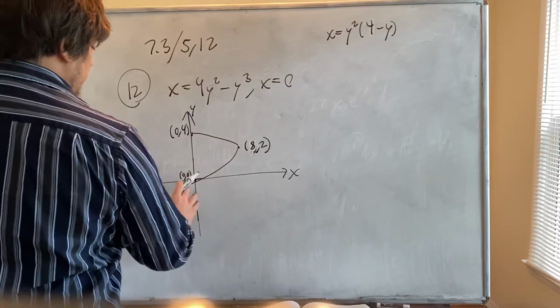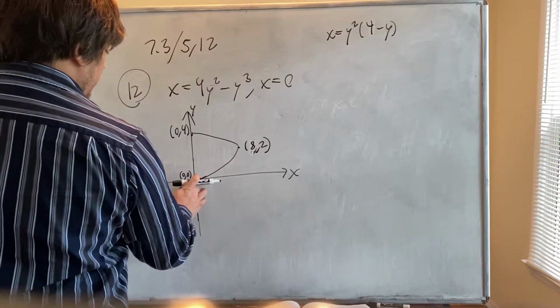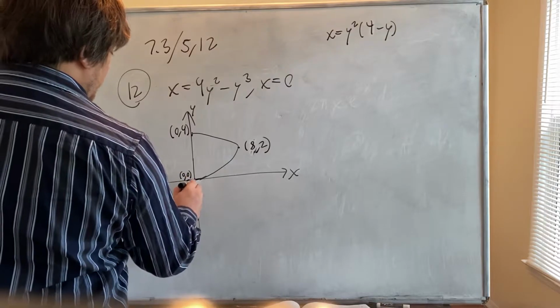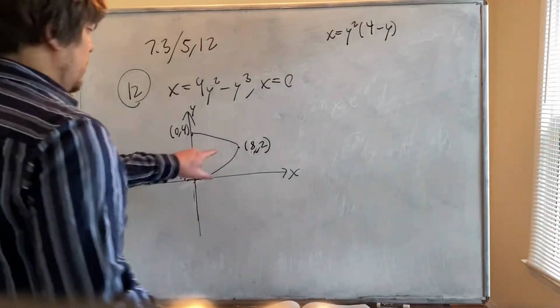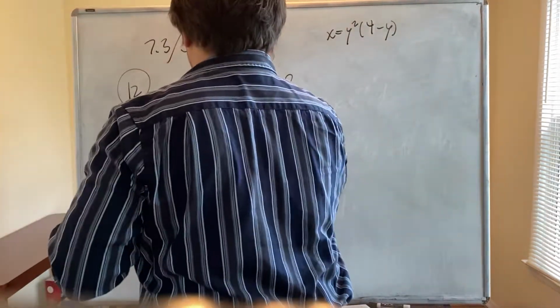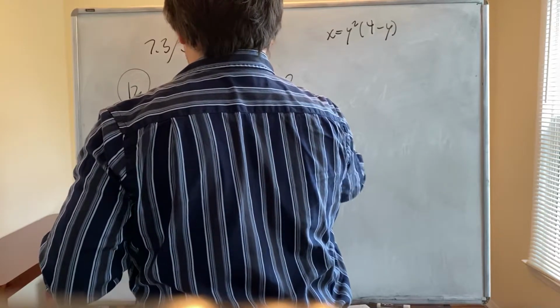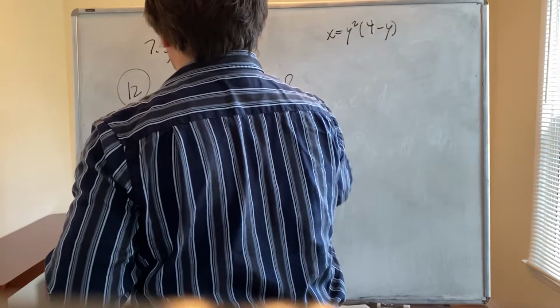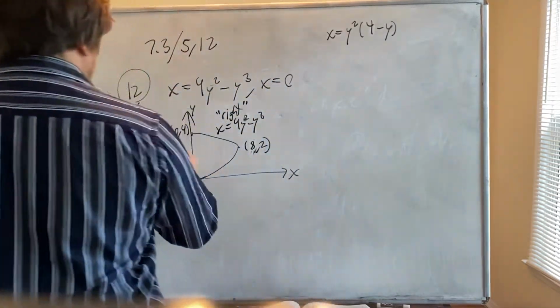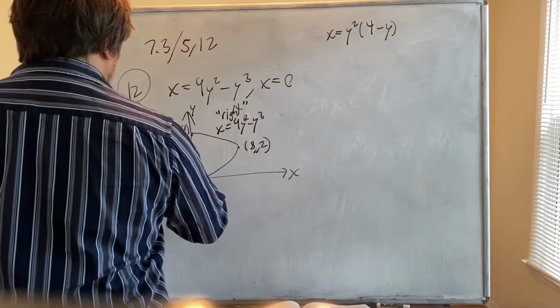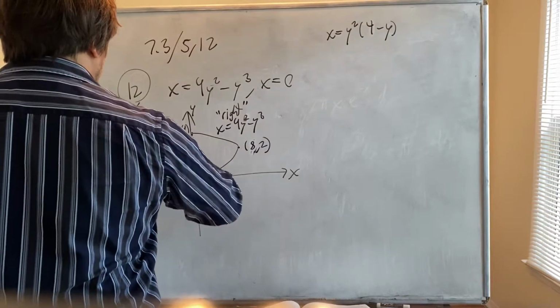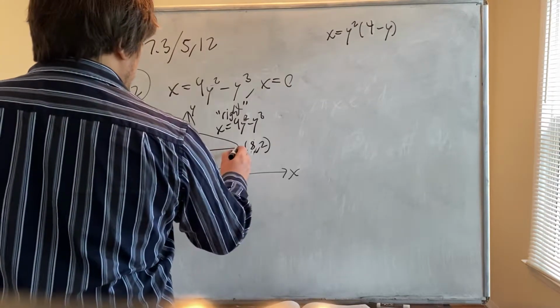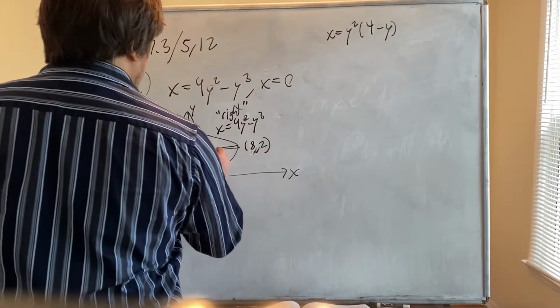So even if this is not perfect for the graph, what we can see is that the right function throughout this interval is going to be this graph, x equals 4y squared minus y cubed. And the left function is going to be x equals 0. And so we're going to integrate with respect to y.